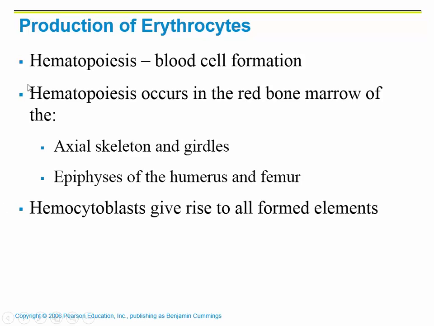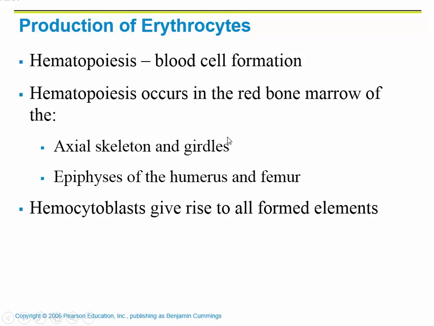Now this next term, hematopoiesis, should sound familiar. We learned about it in a couple of different chapters in our first semester work, but hematopoiesis is blood cell formation, and hematopoiesis occurs in red bone marrow. And you guys should remember where red bone marrow is located.